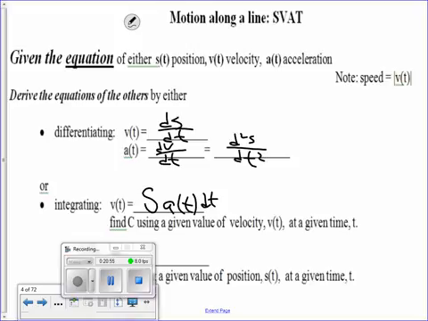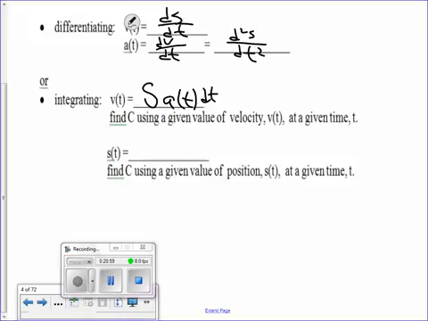Which you can always find: if they give you a point on the graph of the velocity, you can figure out c for the velocity. How would you get to position by integrating? What would you integrate? Velocity. Very good. And again, if you do that, you're going to wind up with a plus c, which you can solve for if they give you a point on the graph of the position.